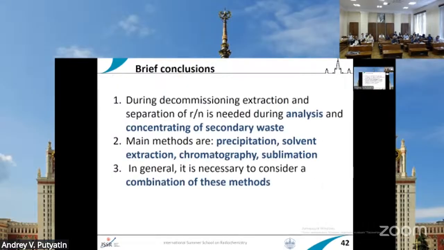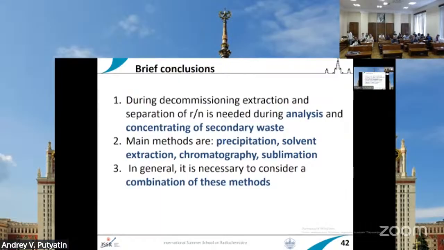And I think that's all. Some brief conclusions. They are very close to the conclusions by Professor Petrov, but the idea is very simple: in the case of analysis, in general, we use different methods of separation of radionuclides.